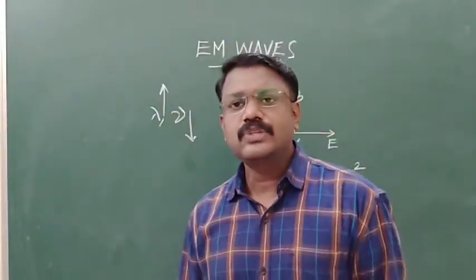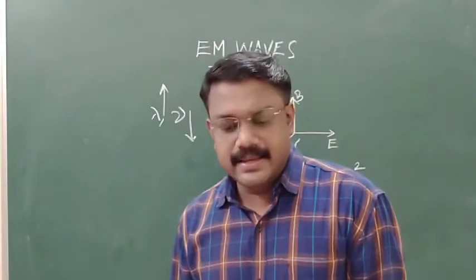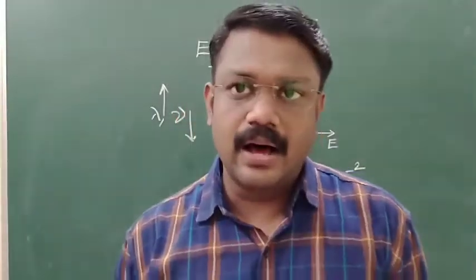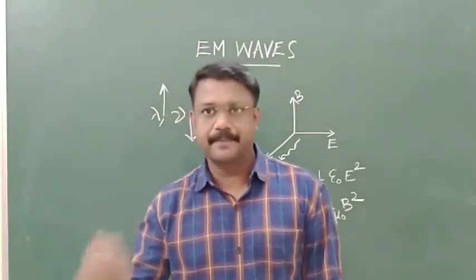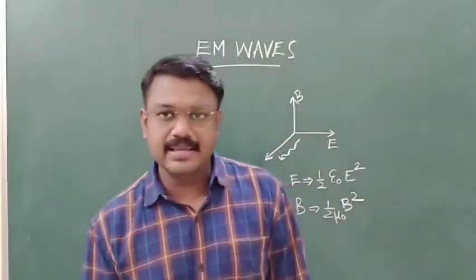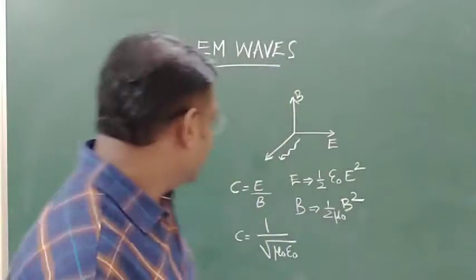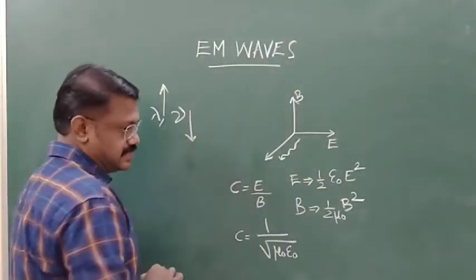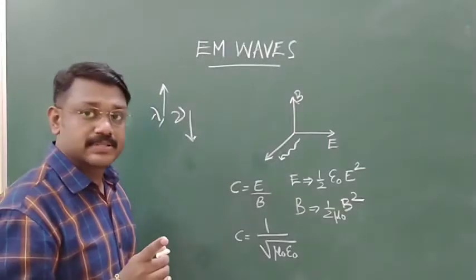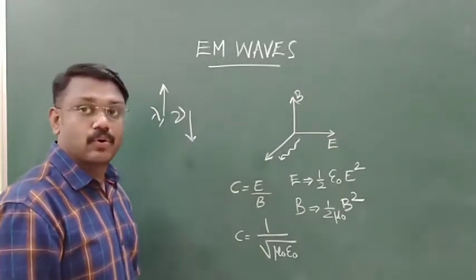Okay, so these electromagnetic waves are arranged in a systematic way. They are arranged either in increasing order of frequency, and obviously that should be decreasing order of wavelength.